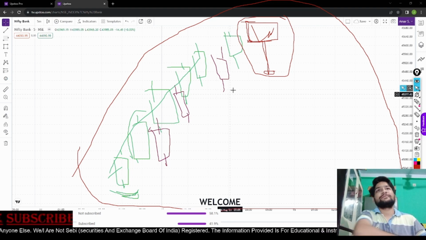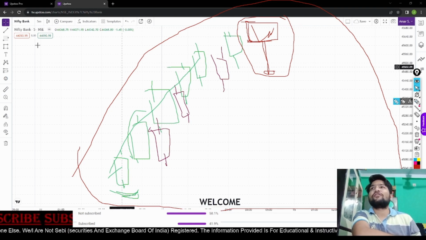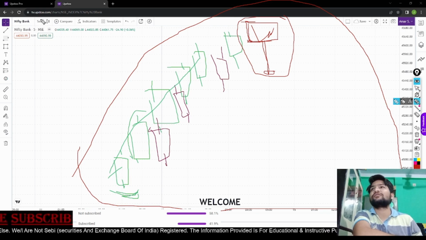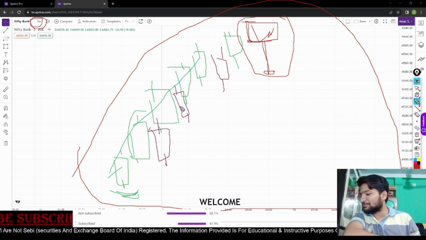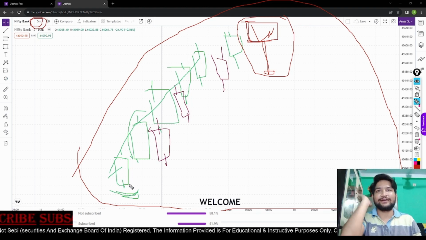So it has some rules. We will always follow a 5 minute chart for any trade. For any trading, we will have to follow a 5 minute chart, right? And in the 5 minute chart, we have to see at least 11 to 13 candles of prior trend.